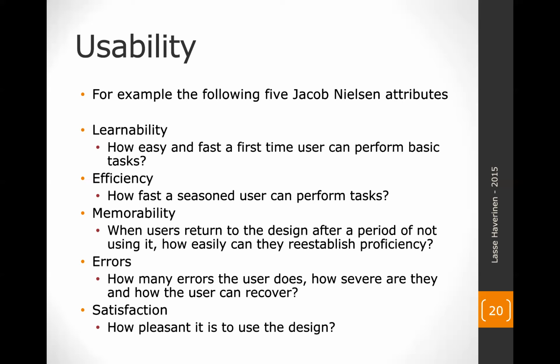He has these 5 usability attributes, so 5 things which you could actually measure from the users. So it's learnability: when you have a first-time user, how easy it is to do something. Then efficiency: if you have an experienced user, how fast they can do something.